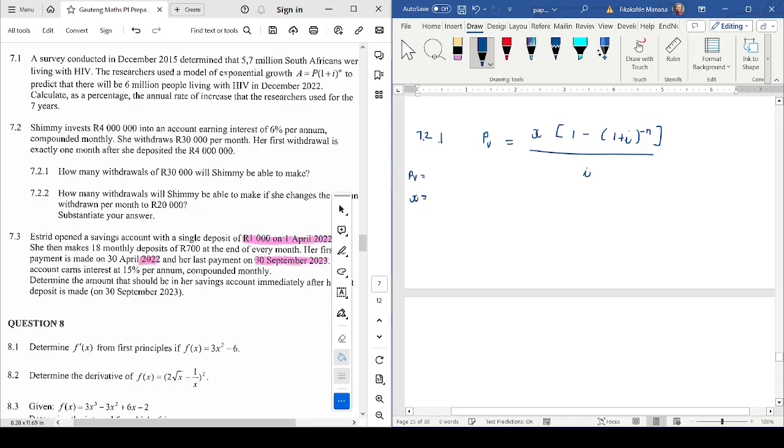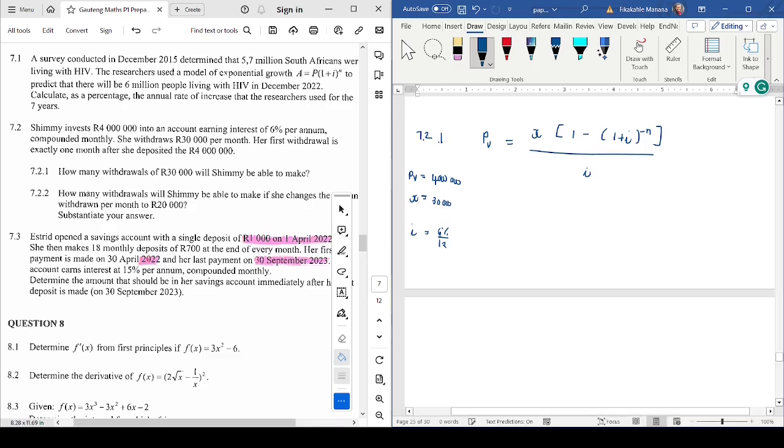The present value that we have is 4 million. The value of X, because it's per month, is the 30,000 Rand. And then the interest rate would be 6% per annum compounded monthly.